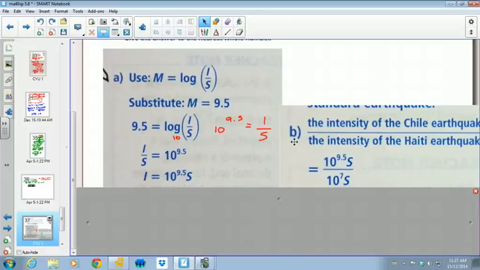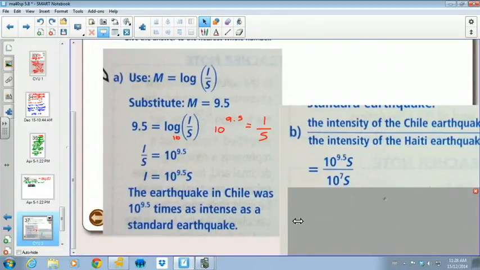I have shortened it for the purpose of changing it into exponential form. I was able to get rid of the logarithm by doing it this way. So therefore, what we have just found is the Chilean earthquake was 10 to the 9.5 times as intense as a standard earthquake.